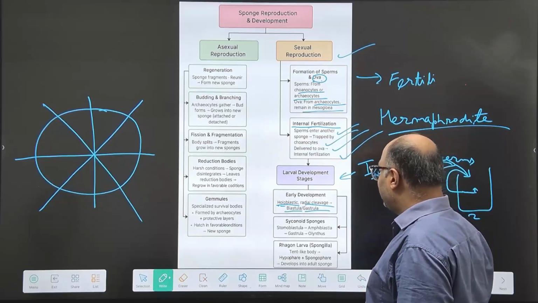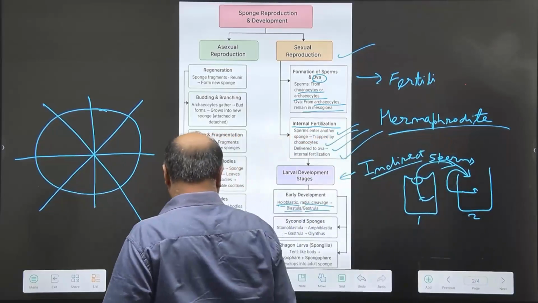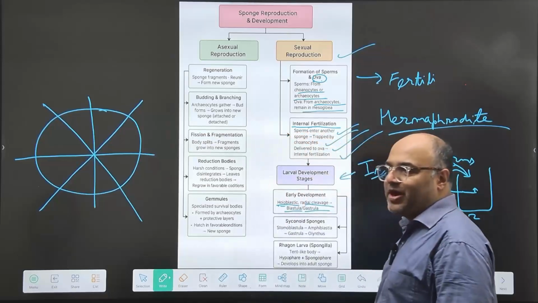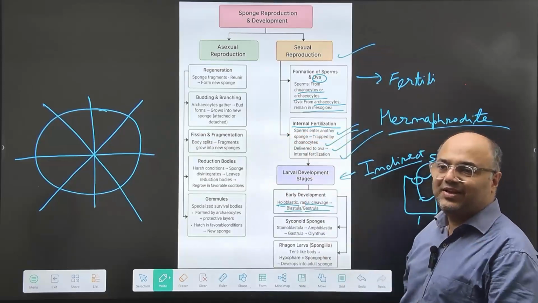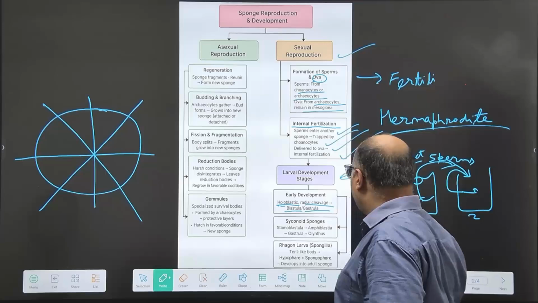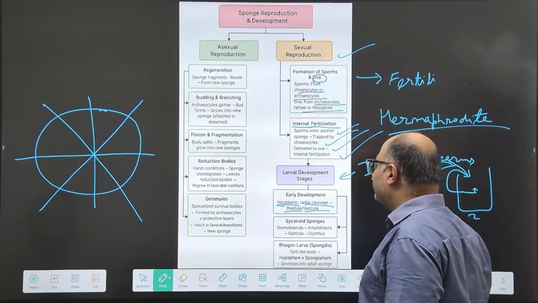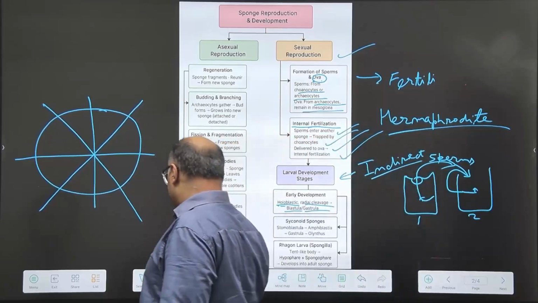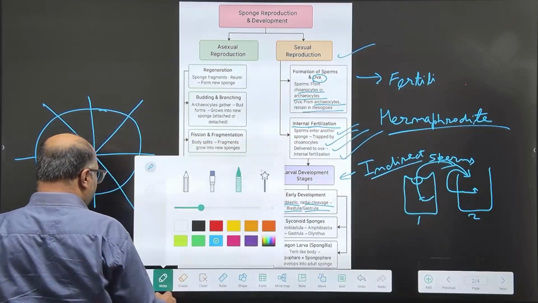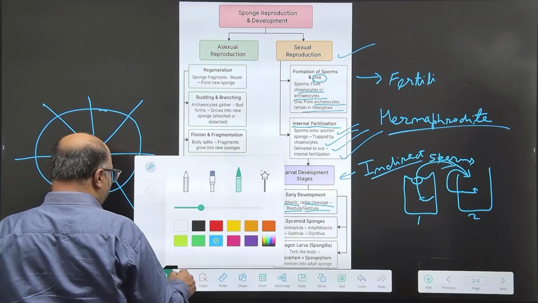Okay. Now, we cannot talk about sexual reproduction based on the classes in sponges. It will be more appropriate to talk about sexual reproduction in case of sponges based on the type of canal system that they have.